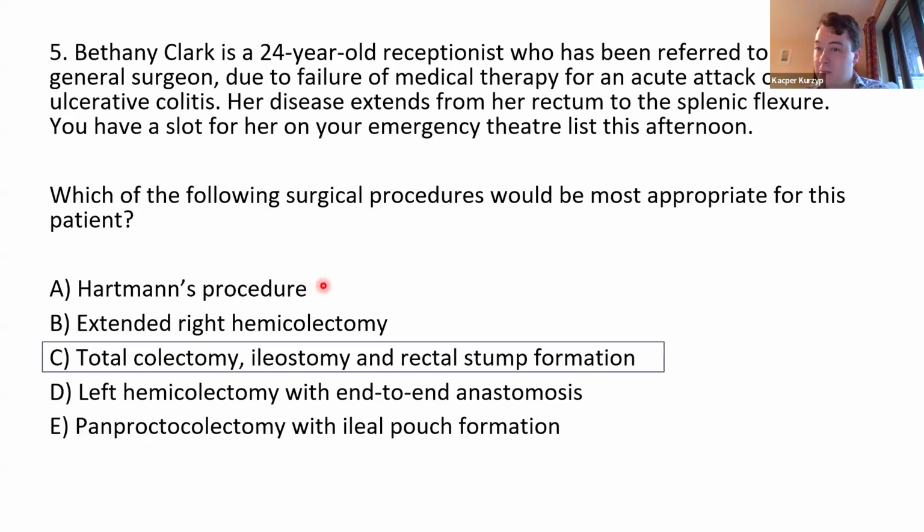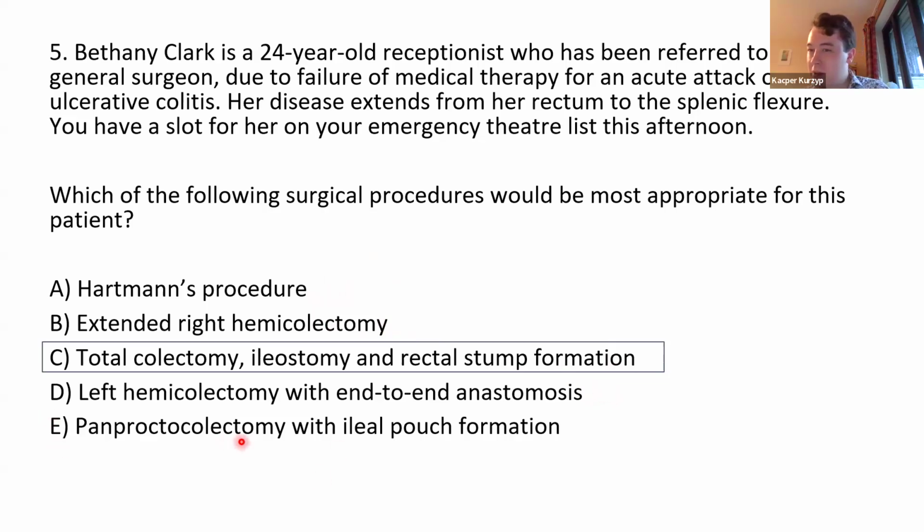So Hartmann's would be an acute procedure, but it doesn't cover enough of the bowel to cut out all of the inflammation. Right hemicolectomy wouldn't cover the sigmoid colon, which is affected. Right hemicolectomy wouldn't cover anything that's affected actually, and left hemicolectomy wouldn't cover the sigmoid colon.